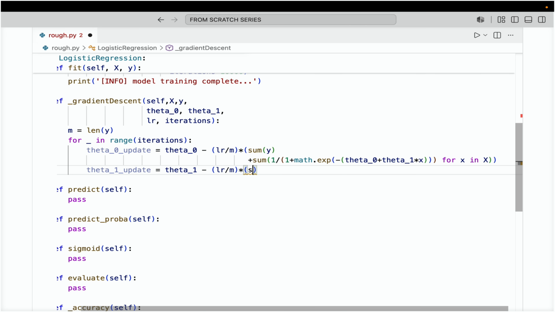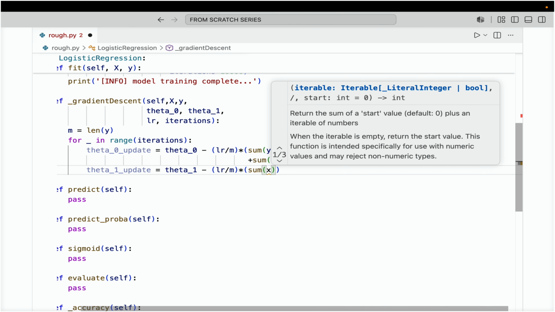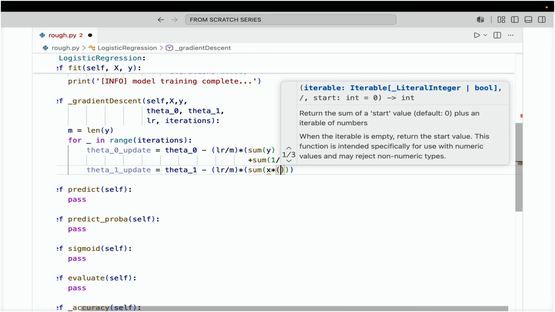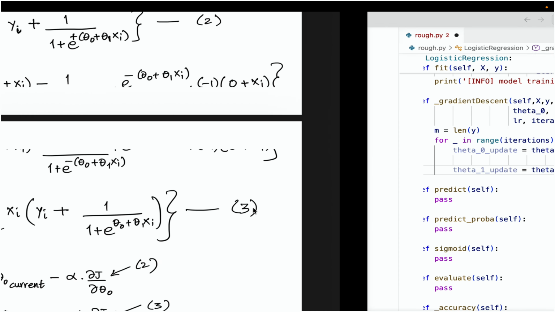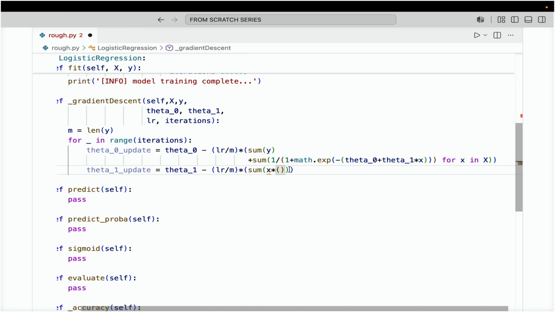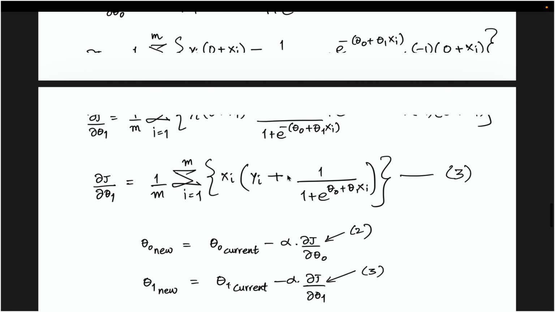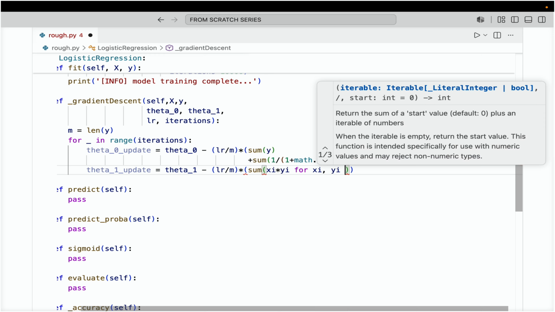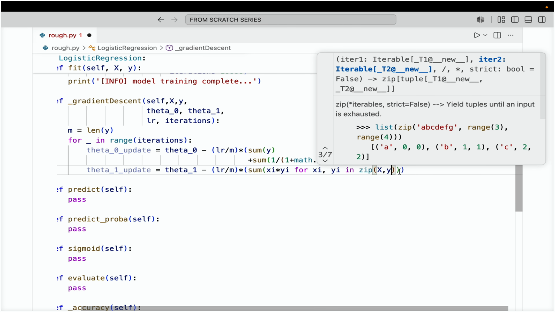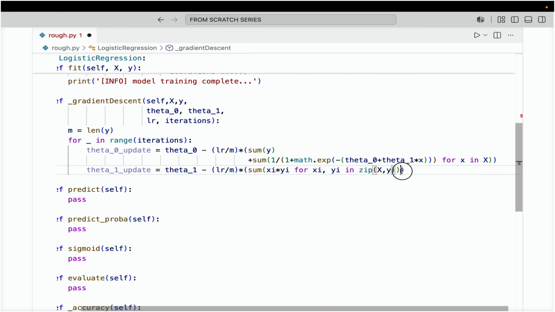Let's just make it this sum of x star xi yi, right? Yeah. So summation of xi yi for xi yi in zip of x comma y. Looks about right.